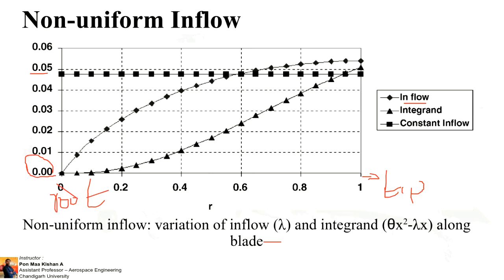Another term is there, the integrand. The integrand is nothing but the pitch angle. If we have a change in twist angle, then the variation of induced flow will also be there. That's why it is mentioned as integrand.